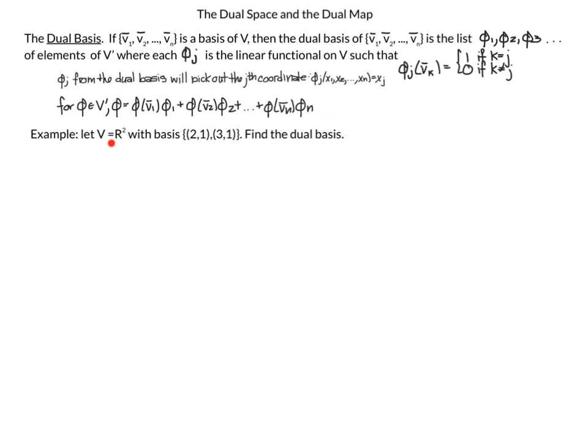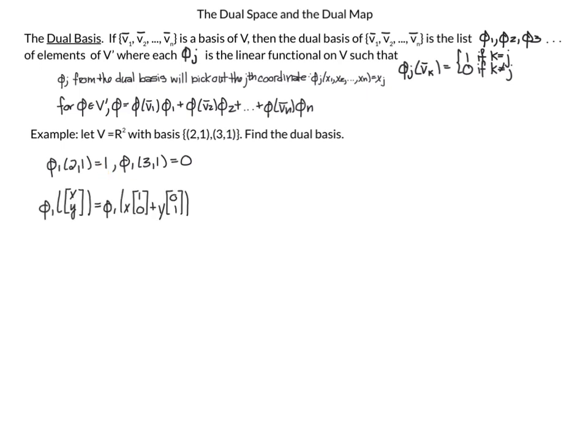To look at this formula, I'm going to do this example. Let our vector space equal R2 with the basis (2, 1) and (3, 1). We want to find the dual basis for this space R2. We will start with phi1, and we'll make phi1 pick out our first basis vector of R2. In other words, phi1 of (2, 1) will equal 1, whereas phi1 of (3, 1) will equal 0.